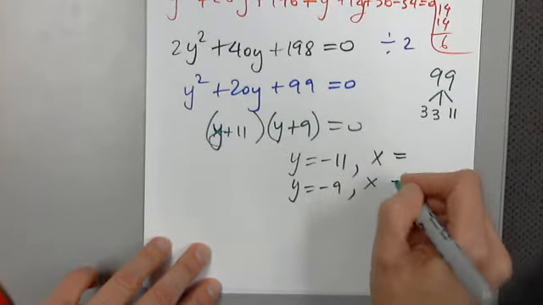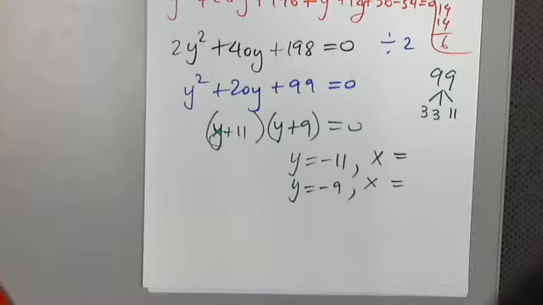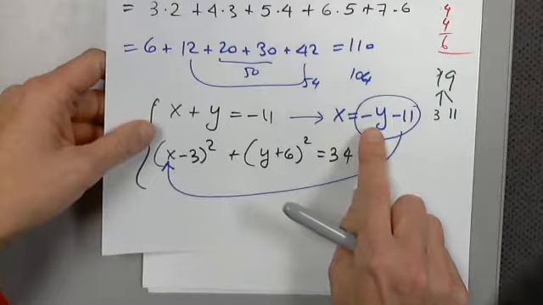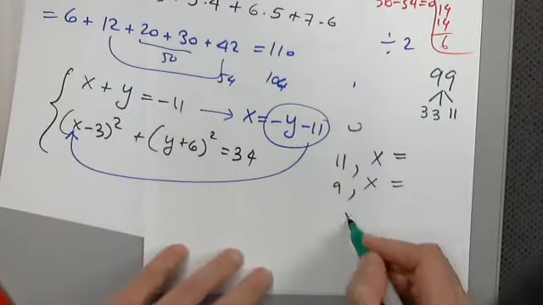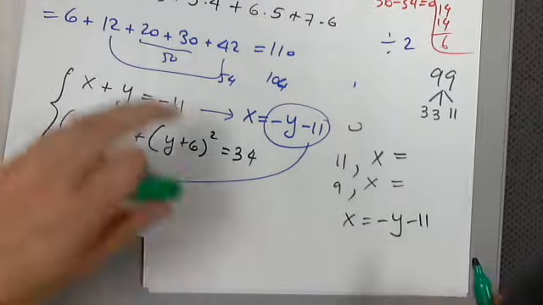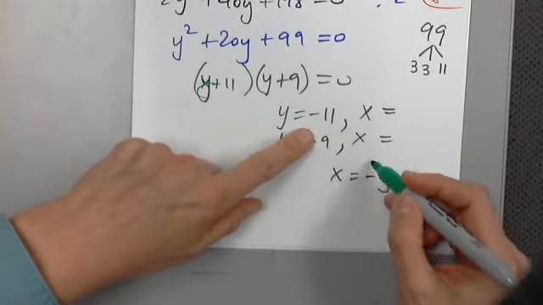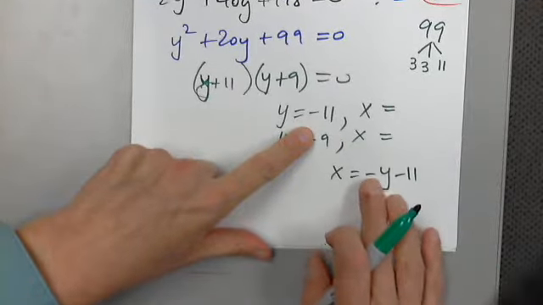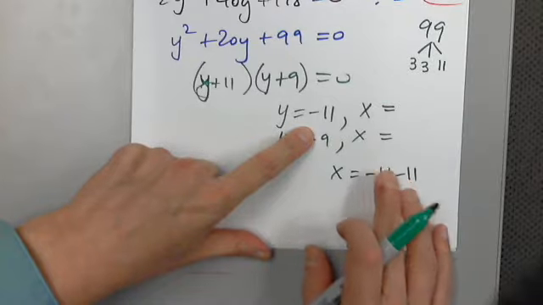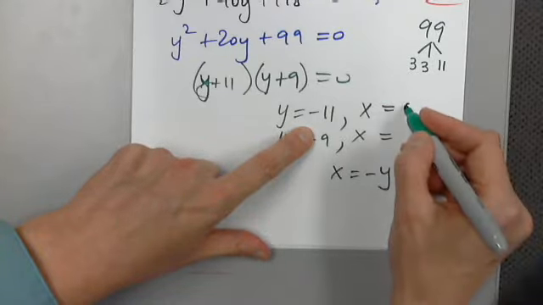Not good enough. It's very good, but not good enough. I have to go back to x. Here's x. x is negative y minus 11. So when I plug in negative 11 with minus in front, that will be positive 11. Minus 11 is 0.